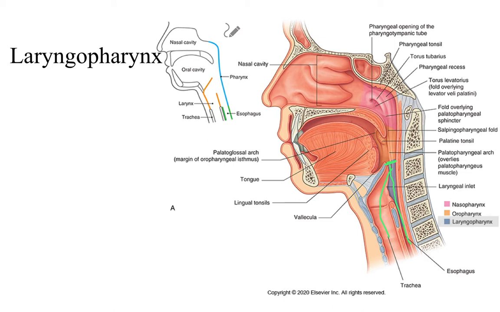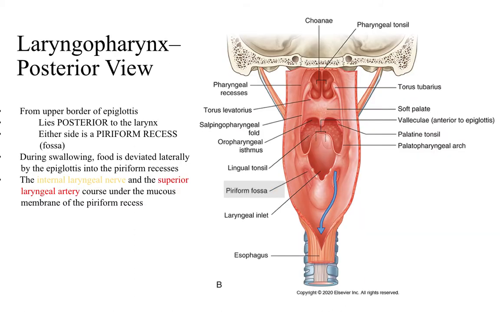from a different view. All right, so here we're looking at a posterior view of the laryngeal pharynx, and here is that epiglottis that we talked about. And so the laryngeal pharynx would occur from here down this way. All right, this would be the opening to the larynx, we'll mark it with L, and this would be the opening to the esophagus right here.